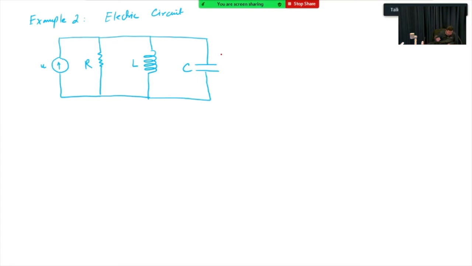So for example here, let's say the current through the inductor, which is referred to as IL, is the first state variable, and then the voltage across the capacitor, let's call it y, is the second variable. So let the state variables be x1 equals IL and x2 equals y.